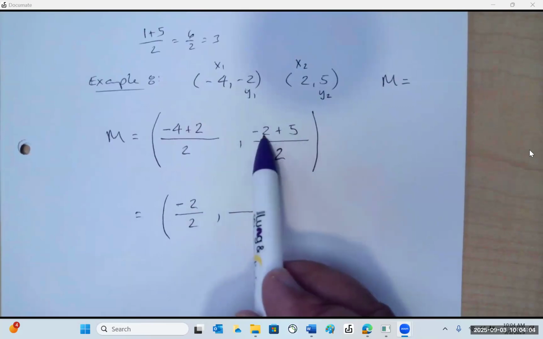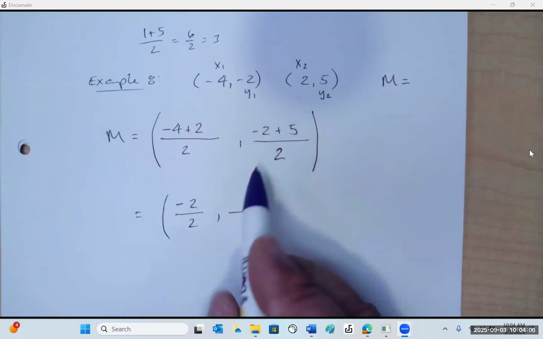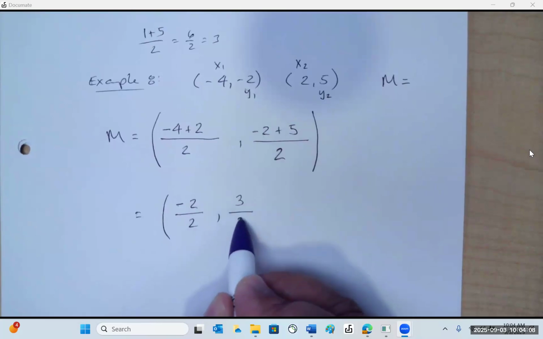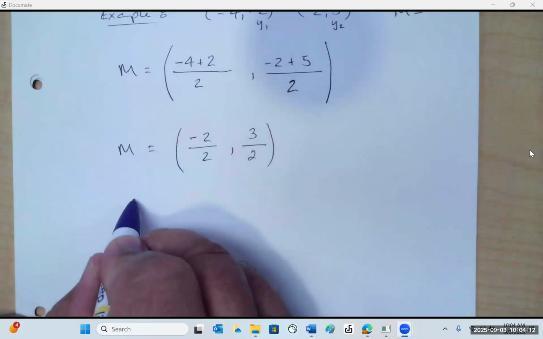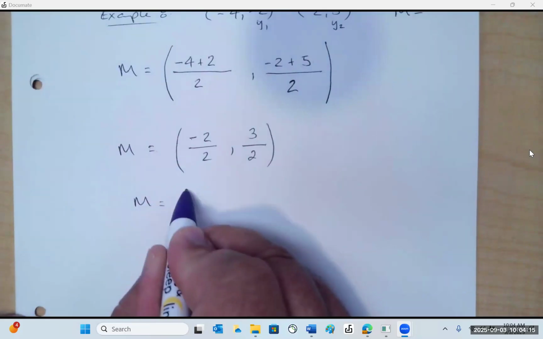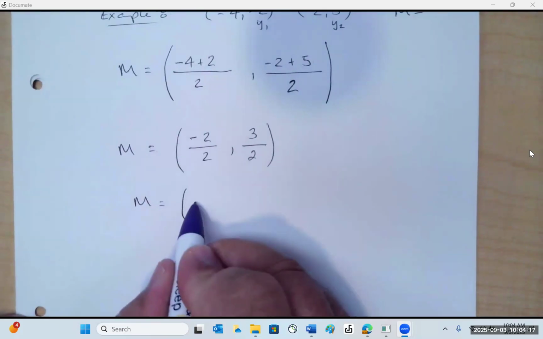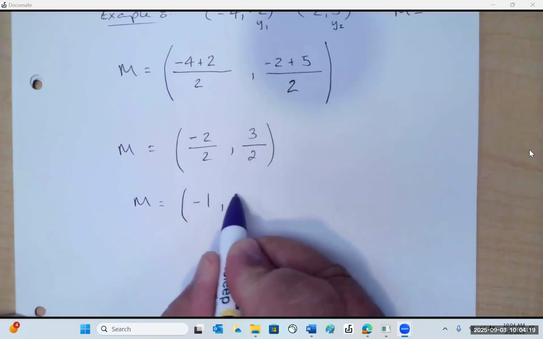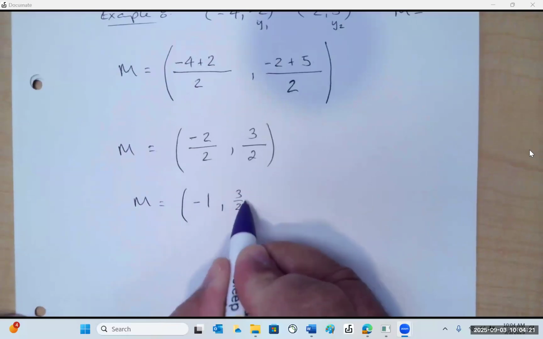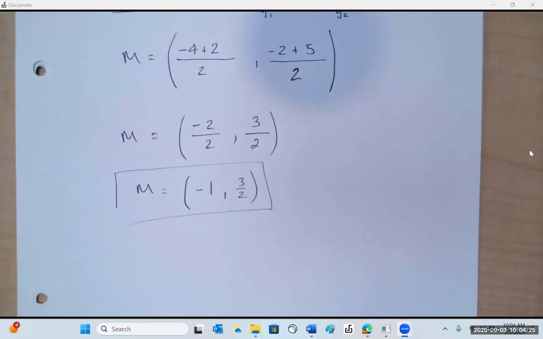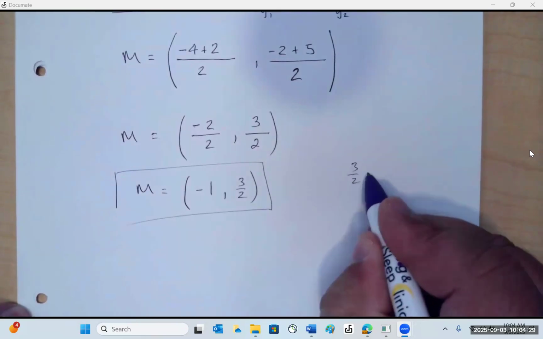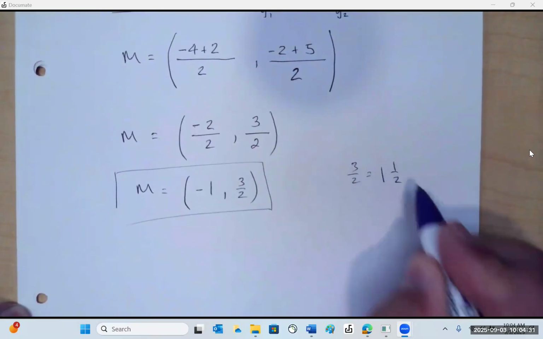Positive, since 5 is bigger than 2. 5 minus 2 is 3 over 2. So the midpoint, negative 2 over 2 is negative 1, 3 halves. So that's your midpoint. At negative 1, 3 halves. 3 halves is 1 and 1/2.